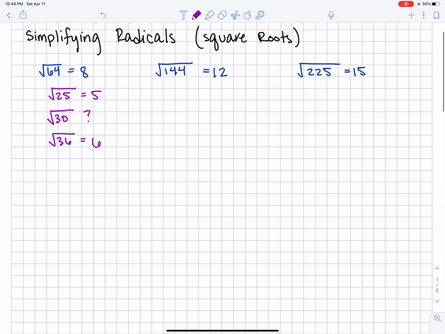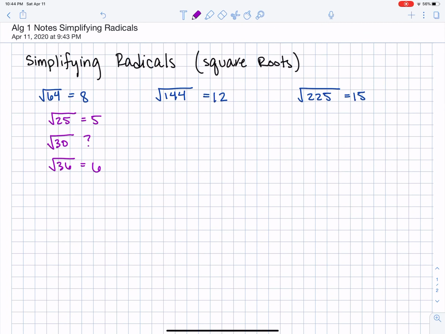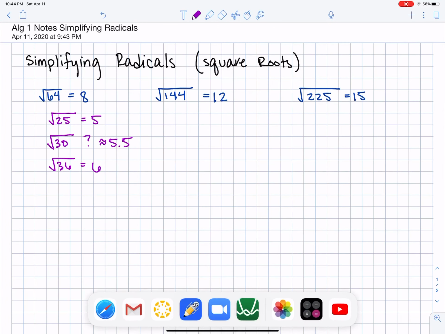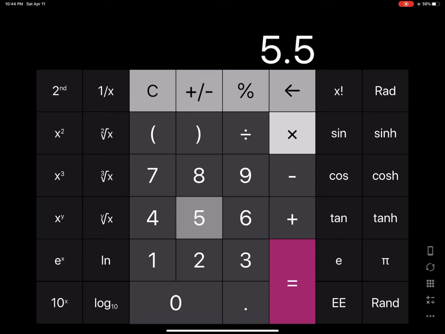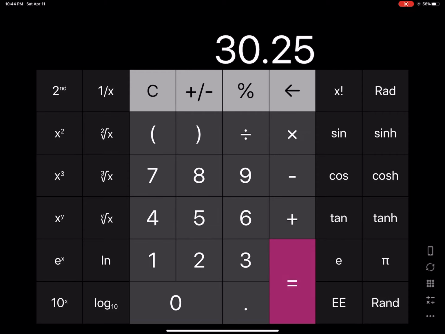So it's somewhere between 5 and 6. It's going to be around 5.5. So what I'm actually going to do here is open up our calculator, and I'm going to say 5.5 times 5.5. That's 30.25. So that's close, but it's not exactly accurate.